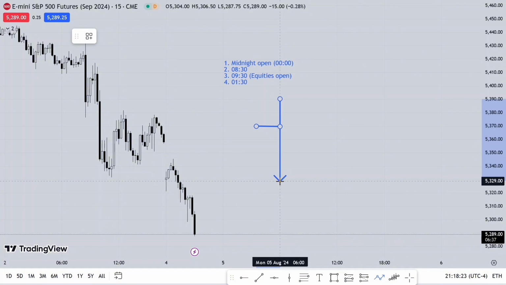Some traders will trade this manipulation leg higher. But when you are trading like this, you are trading against order flow. But that's not what we're discussing currently. So when price trades higher above the midnight opening price, then price will drop lower. We do not concern ourselves with the closing price of that asset. Price will close wherever it wants to.